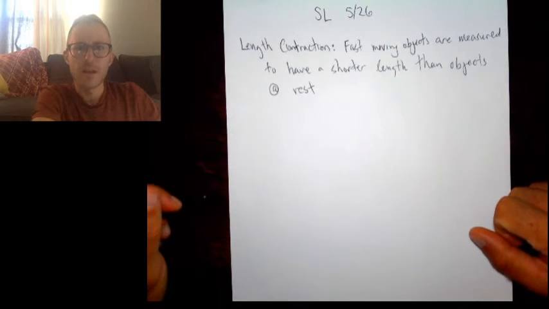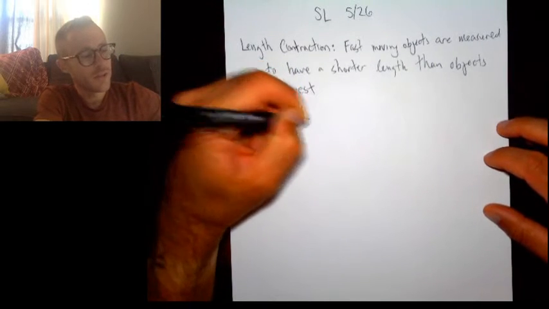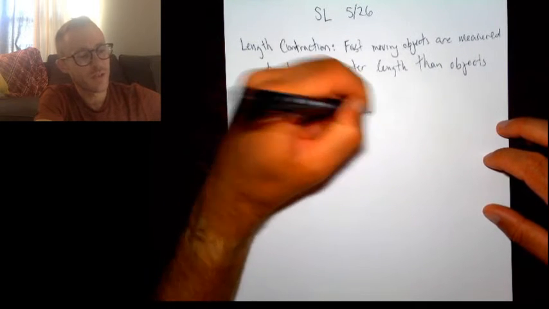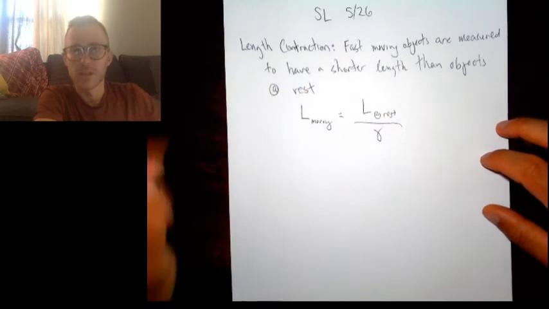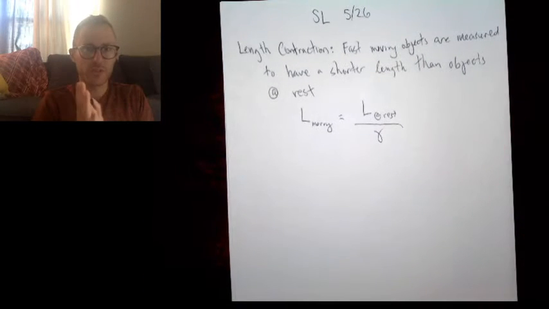Okay, and the formula is that the length of the moving object is equal to its length when it is at rest divided by gamma. So the faster it goes, the closer to the speed of light it goes, the more it is contracted.